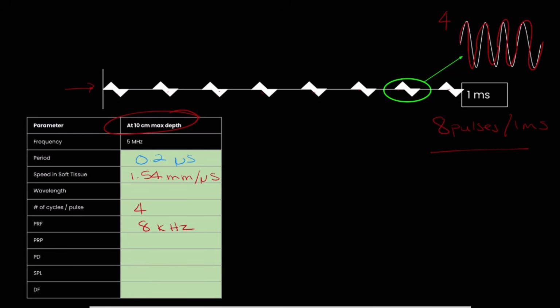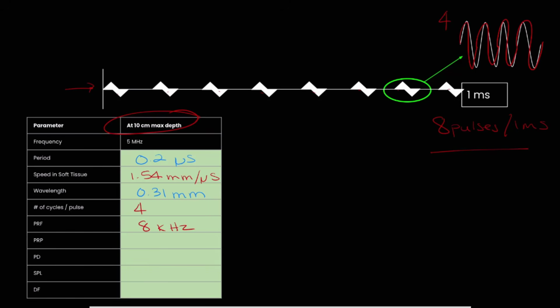We have the frequency, and we know that wavelength is equal to the speed of sound divided by the frequency in megahertz. 1.54 millimeters per microsecond divided by 5 is going to give us a value of 0.31 millimeters. So again, we've been working with these formulas. We know how to do this.